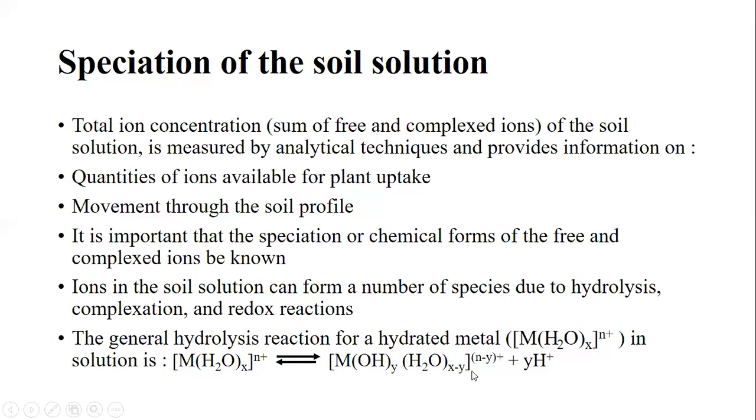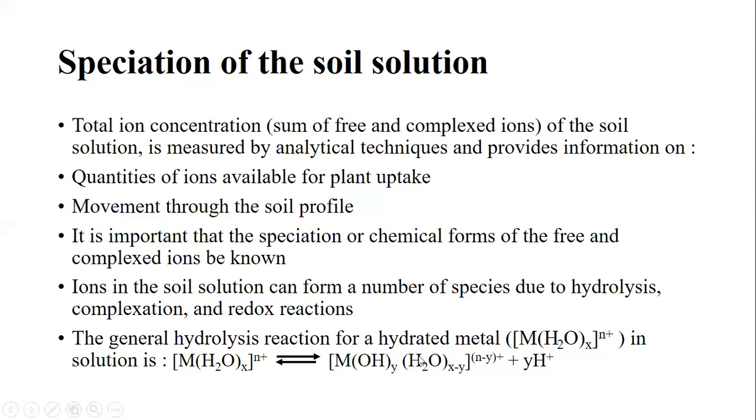X minus Y. We have X H2O, Y OHs came into place, attached to this, and took the place of the same number of H2O. So the number of H2O remaining will be X minus Y.